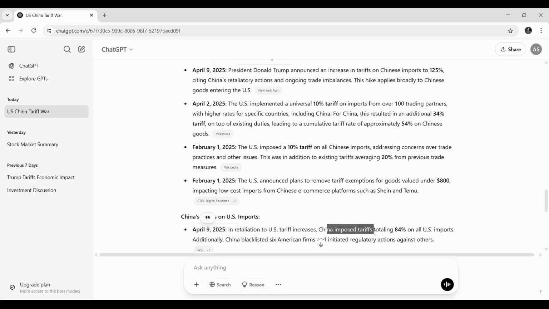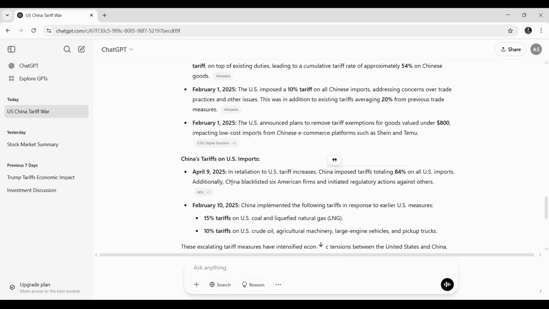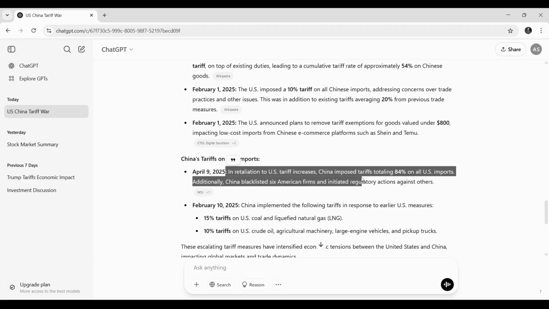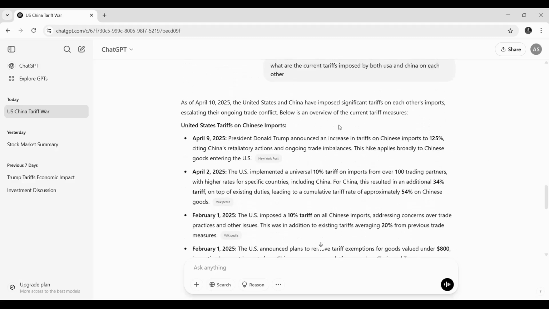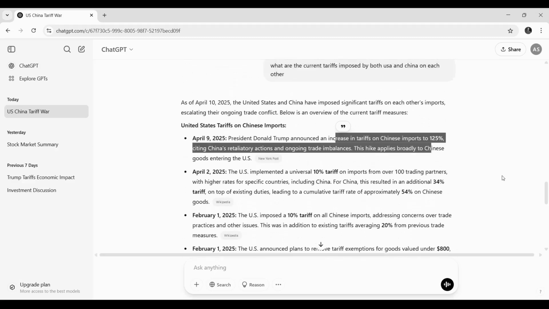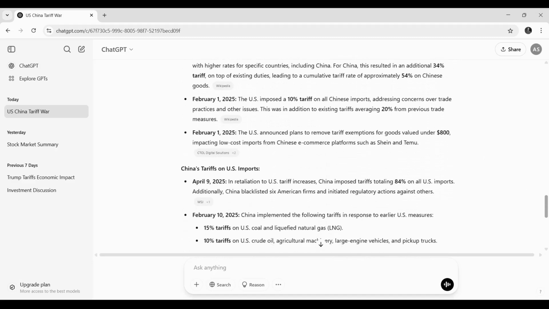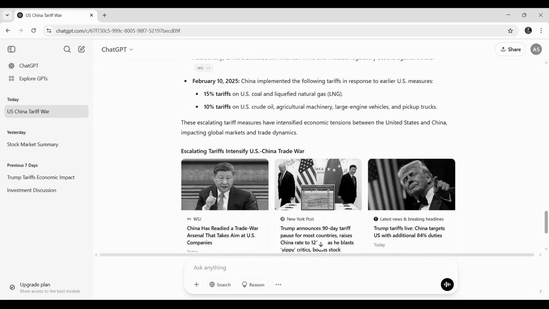Okay, China imposed tariffs totaling 84% on all US imports. Additionally, China blacklisted 6 American firms and initiated regulatory actions against others. Okay, so after this one, we had this one, 125%. So the recent one is by the USA on China, which is 125%. Okay, so that is here as well.